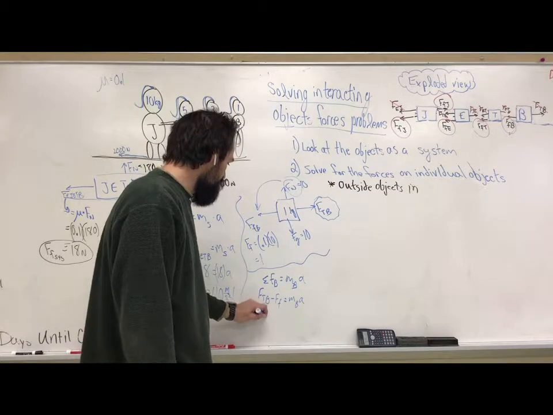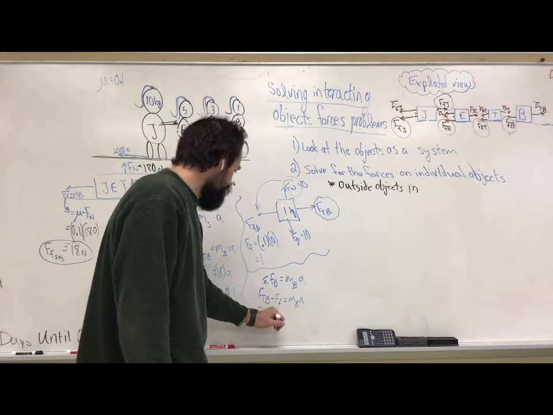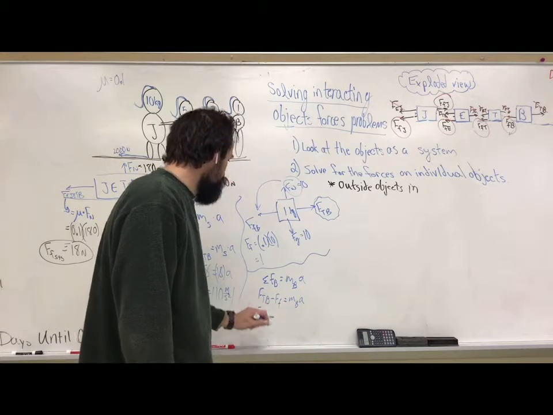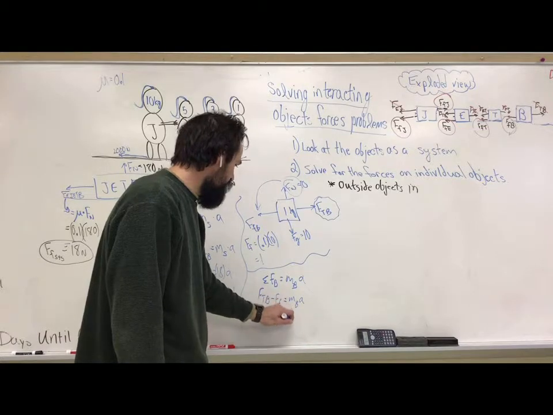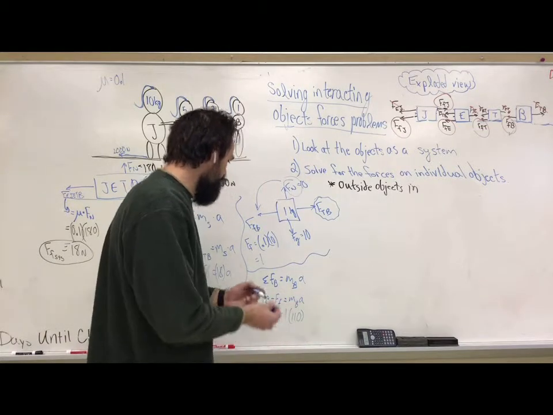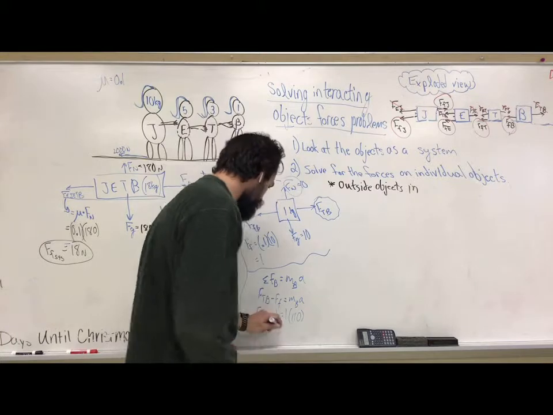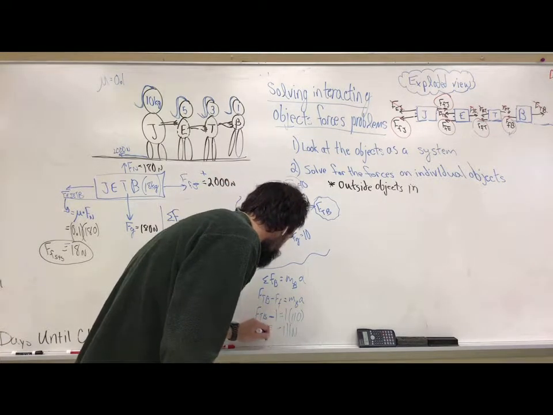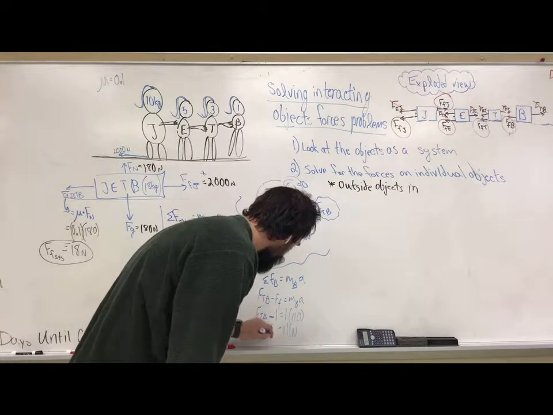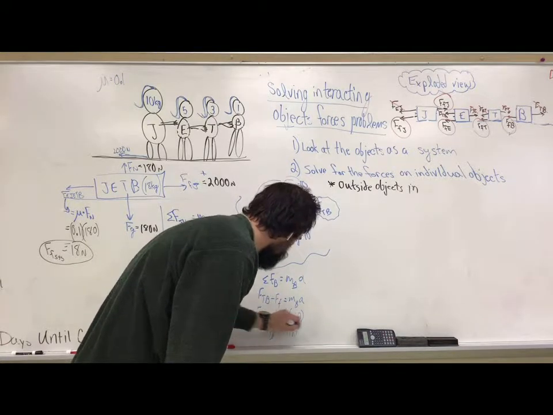We don't know FTB, but we know the force of friction is 1 Newton, and that's equal to 1 kilogram times 110 meters per second squared. And with some algebra, you should get 111 newtons equals the force of Trinkle on Bera.